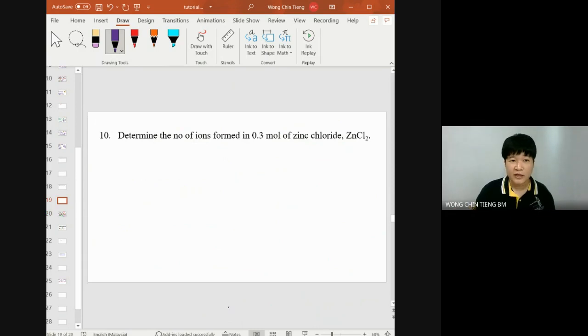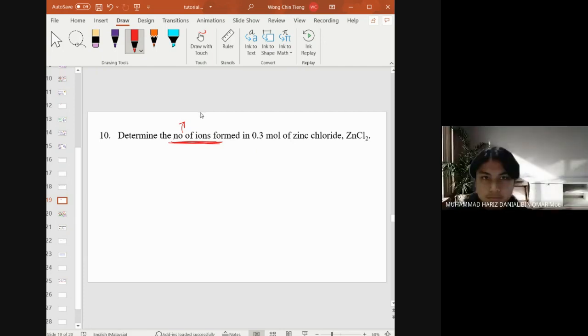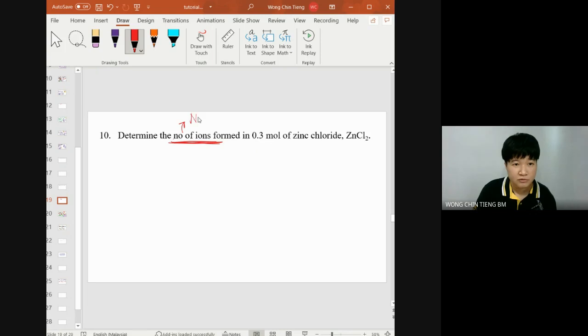Same thing. Soalan ni kita tak bincang. Okay? Question asking for number of ion. Okay? Daniel, number of ion means we are going to use what as a conversion? Number of particles.